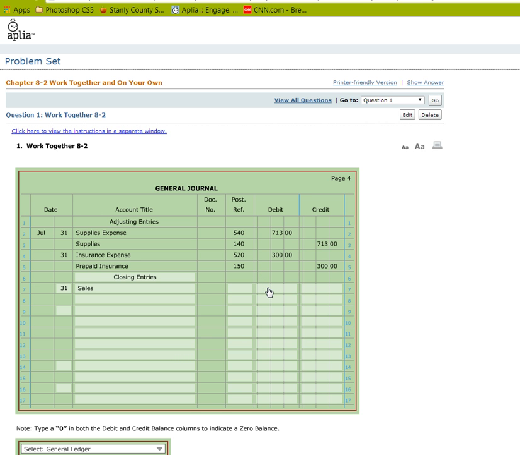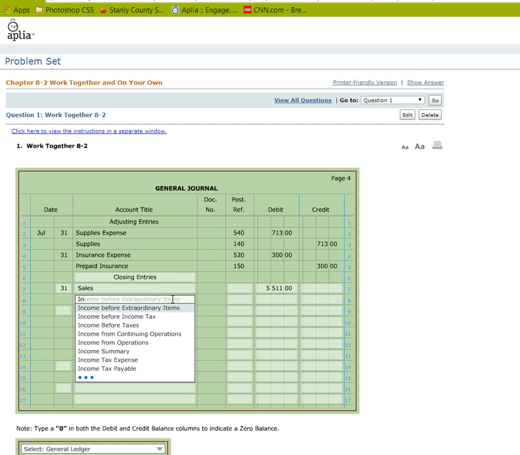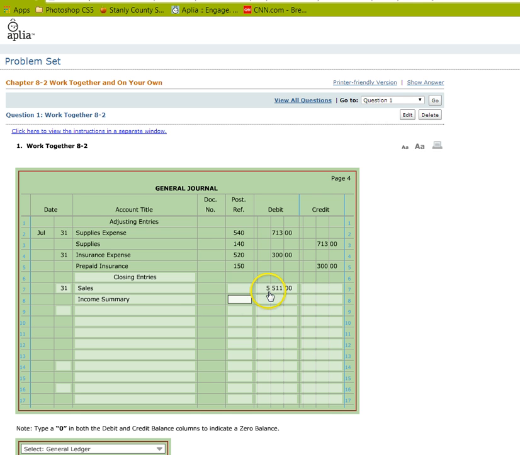Our sales had 5511. I'll key 5511. And we close our revenue accounts to income summary. So if we debited sales, we have to credit income summary.